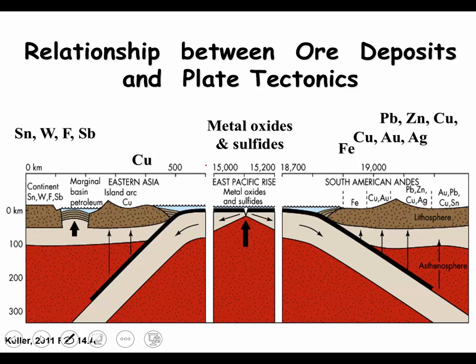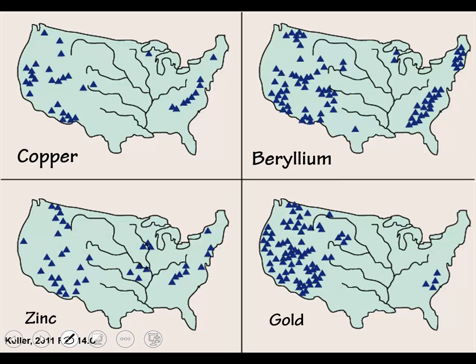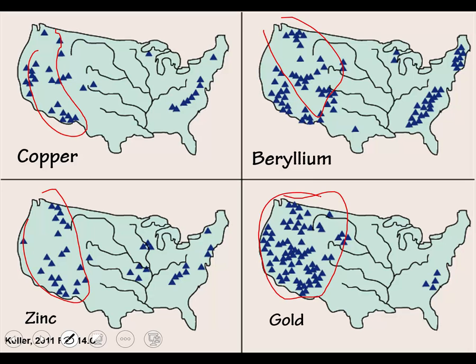And again, we're not going to look at any detail in these, but for example, when you look at copper or zinc or beryllium or gold, they tend to be concentrated, most of them at least, in the west, looking at the Laramide and Cordilleran orogenic events, the plate convergence between the Pacific Plate and the U.S., or the Appalachians, which was a convergent plate margin back earlier.